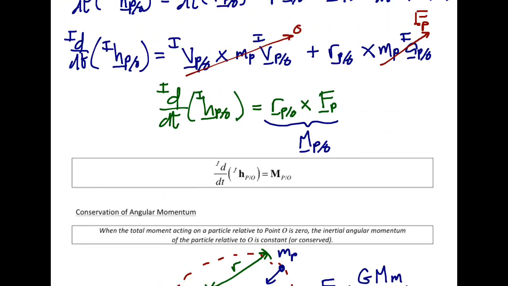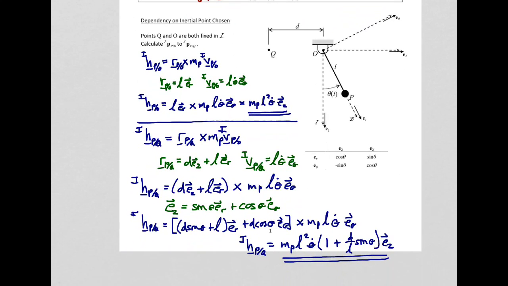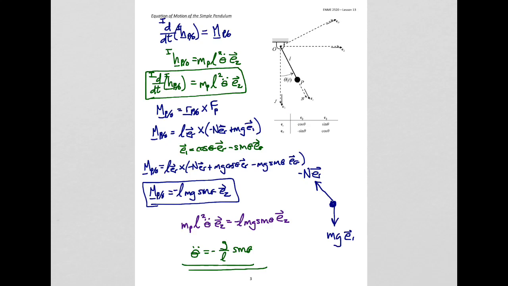Because if we look back at when we calculated the angular momentum of point P with respect to O, it's all based on a position vector and a velocity vector to get this expression, the mass of point P multiplied times L squared times theta dot. So no acceleration there. And then when we plug all this in and take the time derivative, we simply have to take the time derivative of this expression, which is not acceleration, and then find our moment.